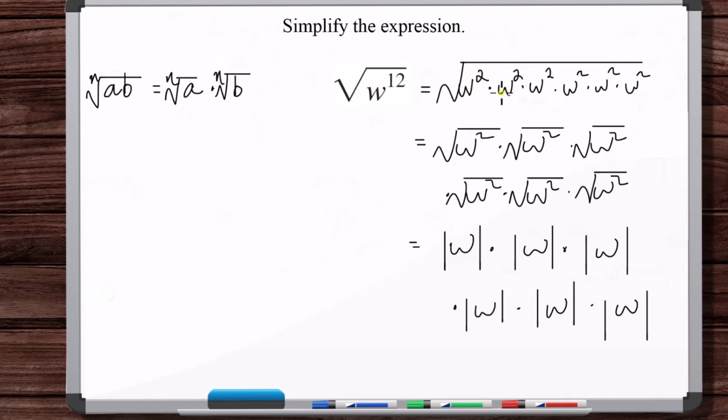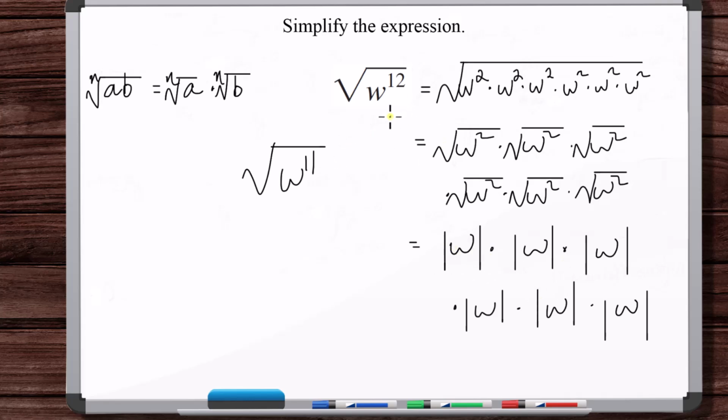We'd have w squared times w squared times w squared times w squared times w squared times w to the 1st. So we separate all that out, and do we get the same thing, the absolute value of w? Yeah, we do, but in that case, we don't have to put the absolute values. Why is that? Because if we had the principal root of w to the 11th, we look at the problem to start with and realize that we can't have a negative w anyway. So if w can't be negative, then you don't need the absolute values.